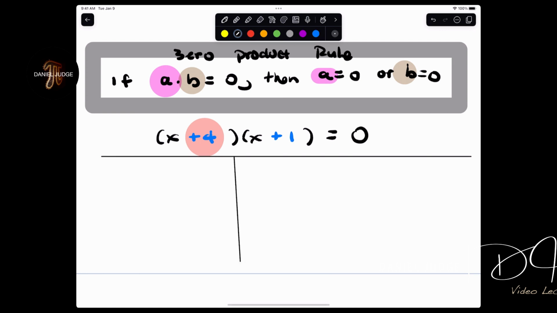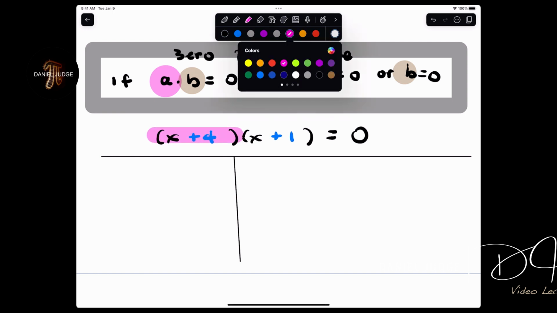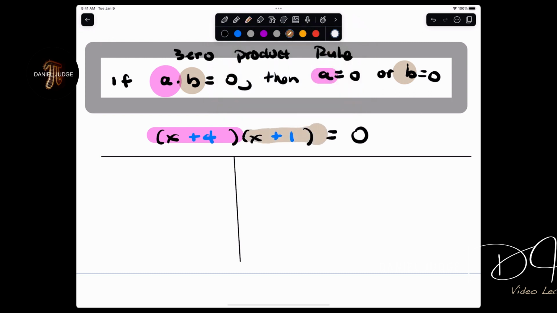So what that means is this portion here is going to be the A, this first portion here. So here's the A. Here's the B. So you set both of those terms equal to 0, and you solve for x.